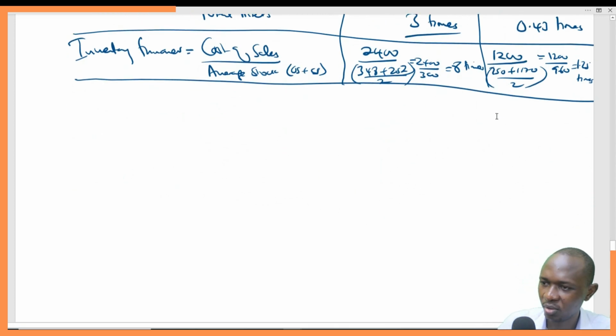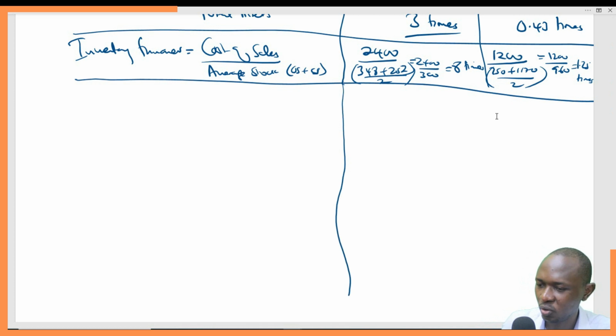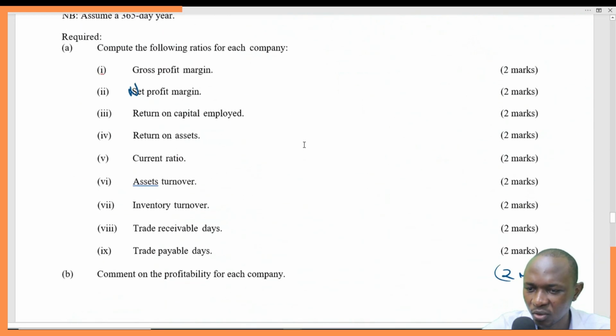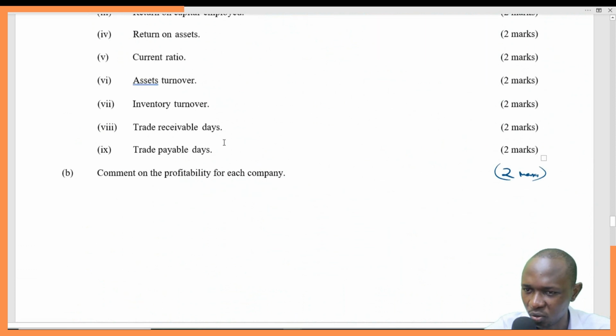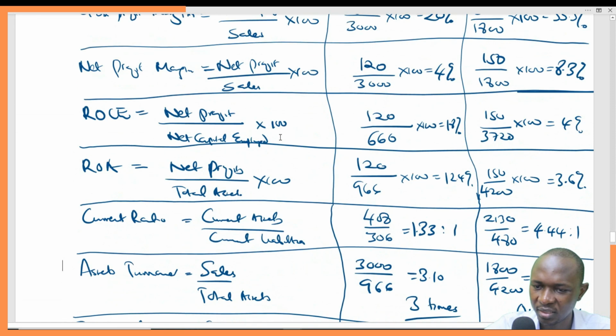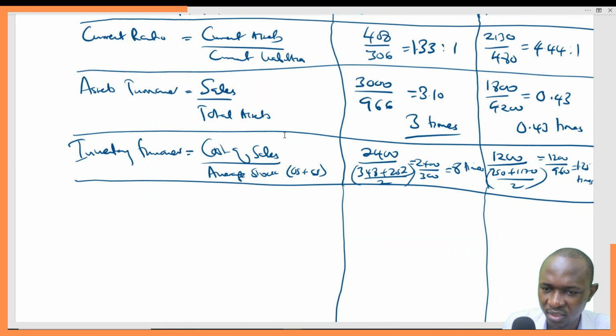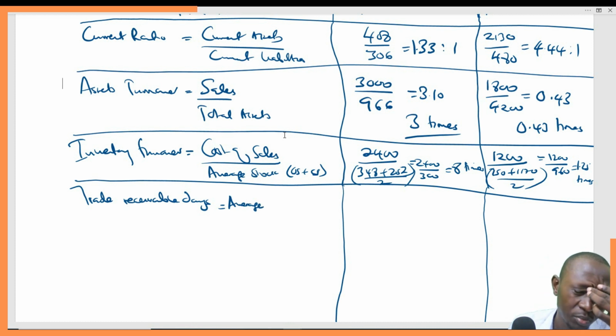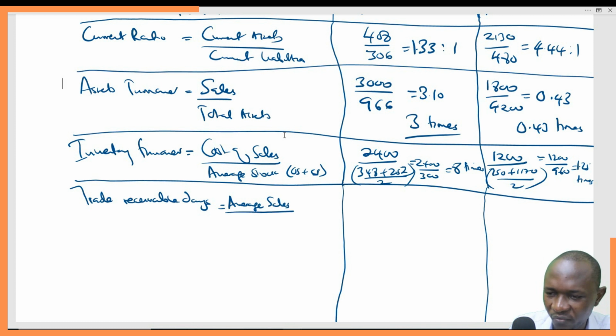Then we move on, and you should know the interpretation of all these ratios. It's very important that you know the interpretation of all these ratios, as the next question you might be asked is for the interpretation. So trade receivable days. The formula is the average, this is receivable, so it will be average debtors over credit sales.